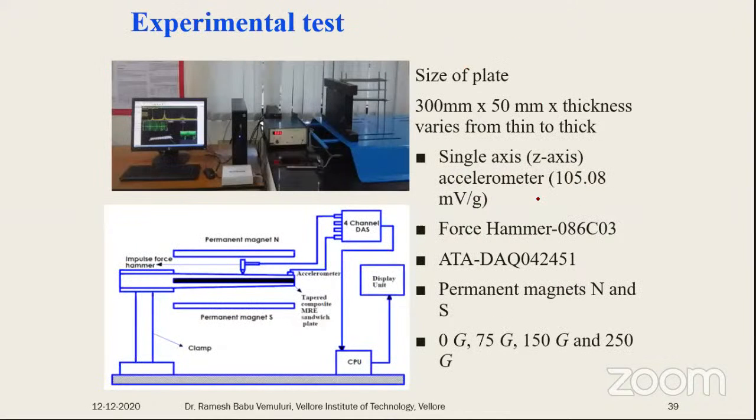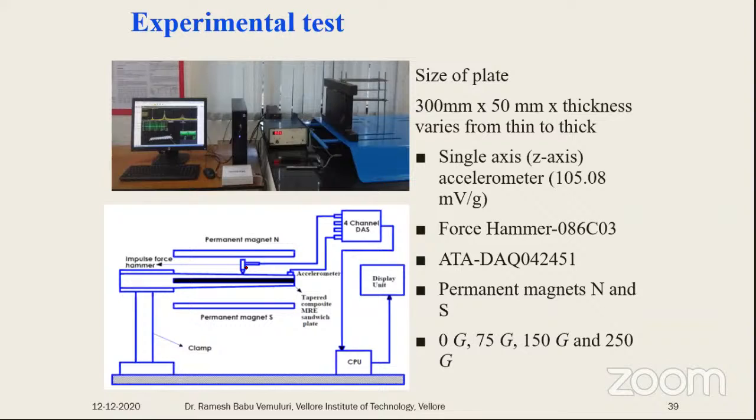Then we did the experimental test. Here the magnetic field is measured using a gauss meter, and here are the test specimen and magnetic bars. Then these are the results we can get from the DEWESoft software for the tapered configuration.